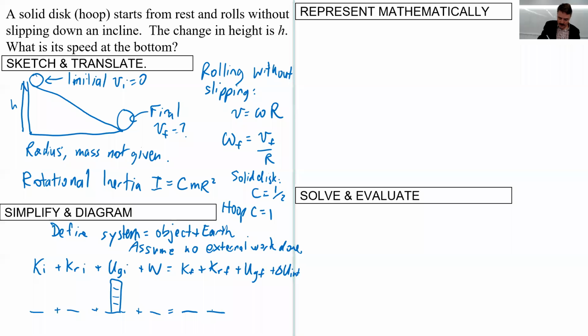What we're going to do is now split that up so that there'll be some linear kinetic energy and some rotational kinetic energy. So that's how these bar graphs work with this problem. And the way you represent it mathematically, 0 plus 0 plus mgh is the initial potential, plus 0.